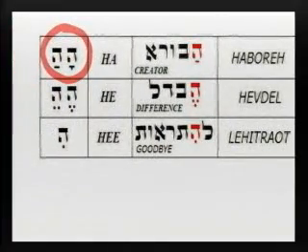The second word, in the middle, is Havdel, which means difference. The red letter Hey on the right side has three dots underneath, called Segol, and the sound will be He. So it will be Havdel, He.